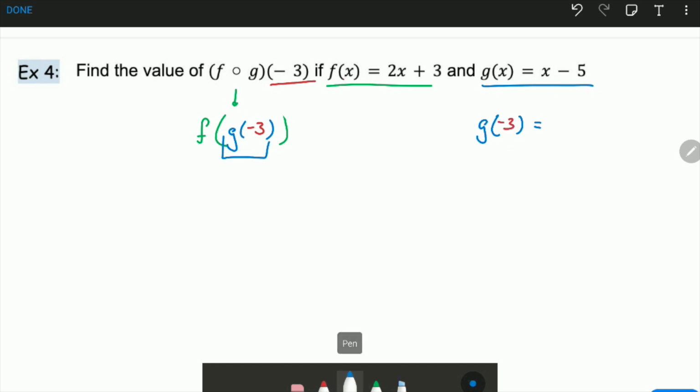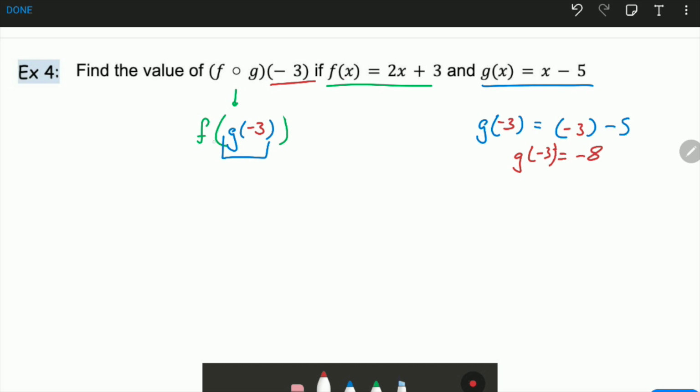So if I do g of negative 3, we replace x with negative 3 in the g equation. And negative 3 minus 5 is negative 8. So I now know that g of negative 3 is negative 8.